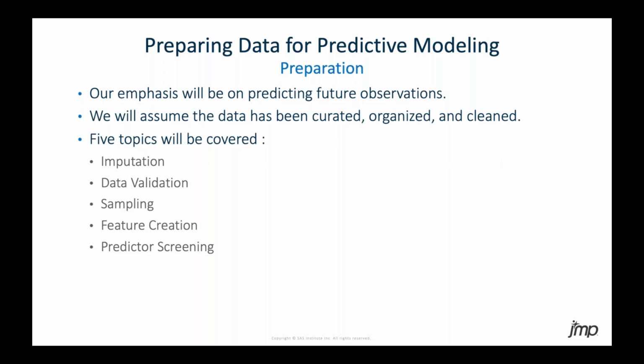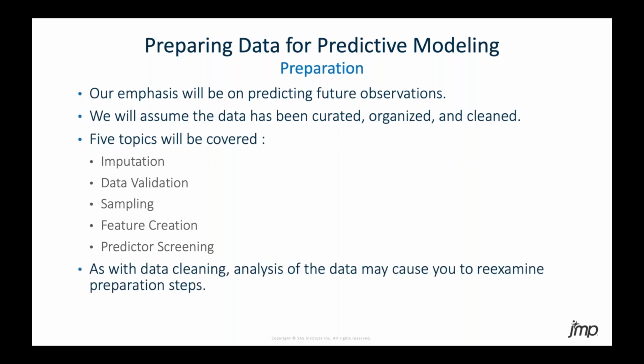Now, one of the things to keep in mind is that this is not necessarily linear. Both the 4 preparation steps that we talked about previously, and the topics that I'm going to cover, they really aren't linear, because if you've ever done any amount of data cleaning, you'll find that once you get into the data, once you do your analysis, you're going to find that there are observations that are incorrect that you've missed.